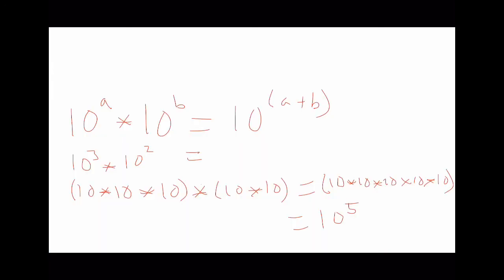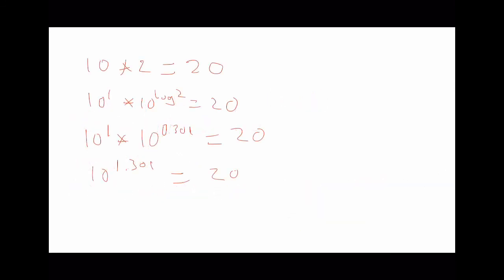Now, why does that work? Well, for that it helps to remember this old rule of exponents that, as I said before, if you're multiplying two numbers which are the same base to a certain power, so 10 to the a power times 10 to the b power, then what you get is 10 to the a plus b power. So if we've got 10 multiplied by 2 to give 20, that's 10 to the first power times 10 to the power of the log of 2.